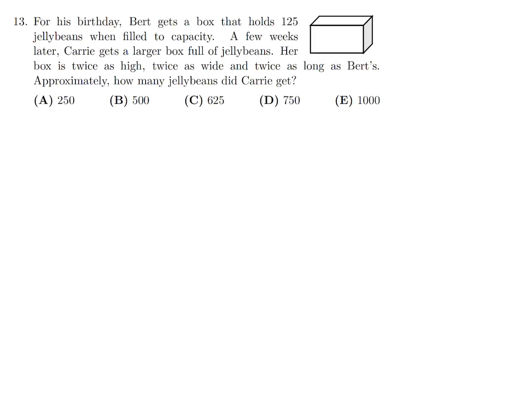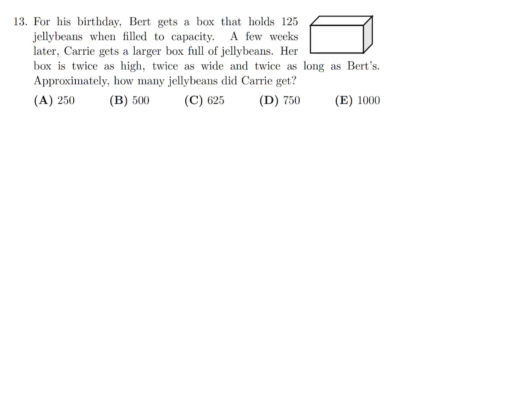For his birthday, Bert gets a box that holds 125 jelly beans when filled to capacity. A few weeks later, Carrie gets a larger box full of jelly beans. Her box is twice as high, twice as wide, and twice as long as Bert's. Approximately how many jelly beans did Carrie get?